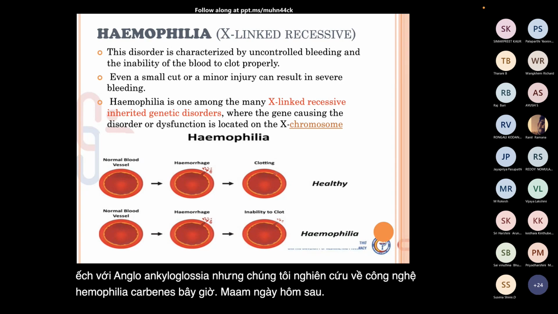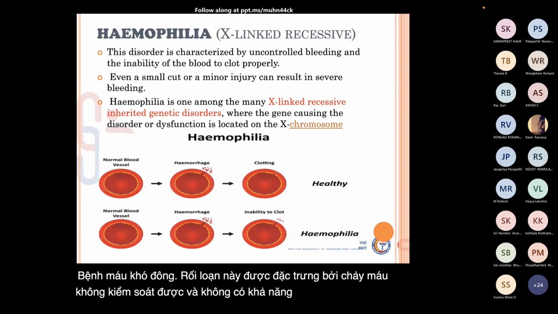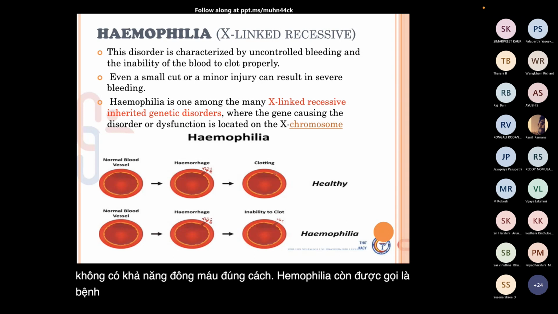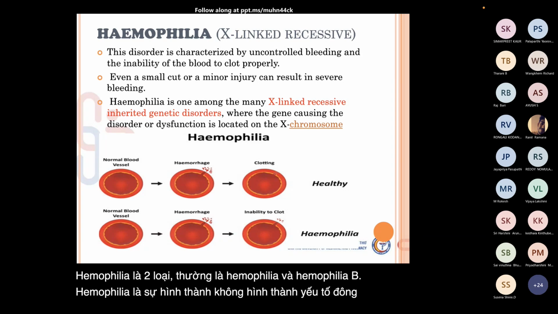Hemophilia. This disorder is characterized by uncontrolled bleeding and the inability of the blood to clot properly. Hemophilia is also called the royal disease or bleeder's disease. Hemophilia is of two types normally, hemophilia A and hemophilia B. Hemophilia A is the non-formation of clotting factor 8 and hemophilia B is the non-formation of clotting factor 9.